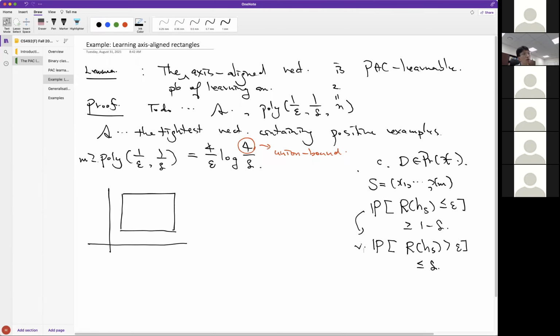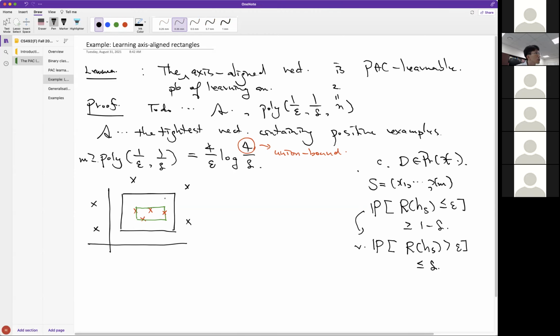Now, how to do this? Here's the idea. We have positive examples, and also negative examples outside. Based on the positive examples, our algorithm returns a rectangle. Let's make it a bit larger to cover the positive examples. Now what's going to be the error?